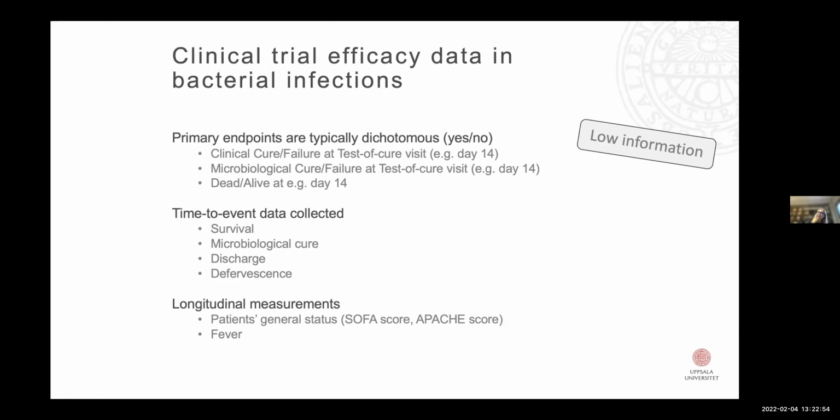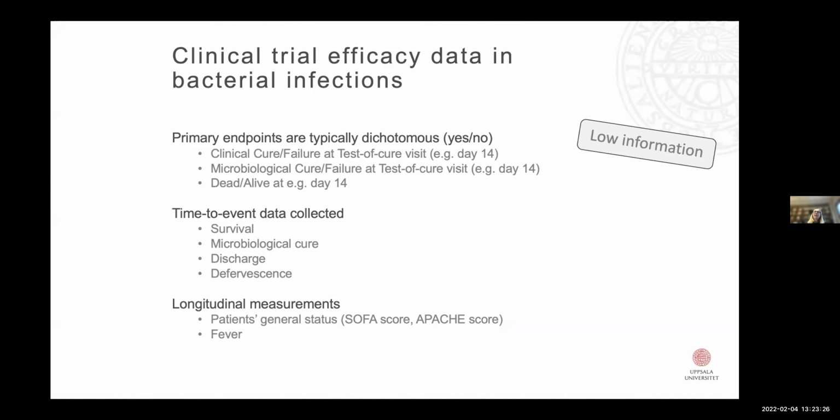It's like yes or no. So from one patient, you get one sort of data point, yes or no. So was the patient cured, or did the treatment fail? Or it could also be, is the patient dead or alive at a certain day? So you can understand that that also increases the number of patients we may need, because we just have one sort of information data point from one individual.